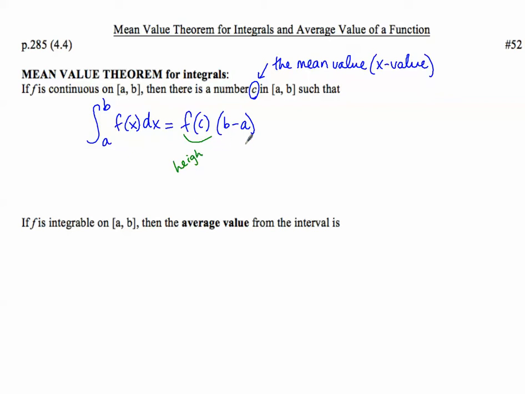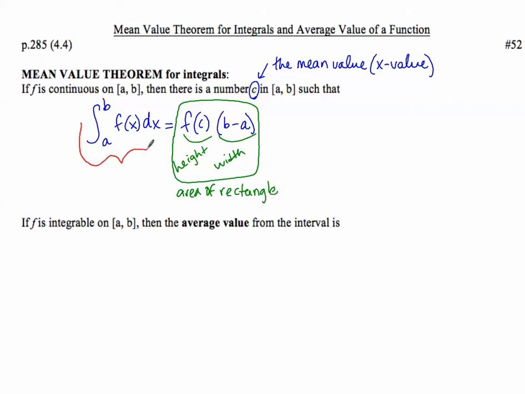This part right here, yep, there we go, let's fix that, is the width. Therefore, that section right there is the area of some rectangle, which will give us the exact area bound by the function and the x-axis.